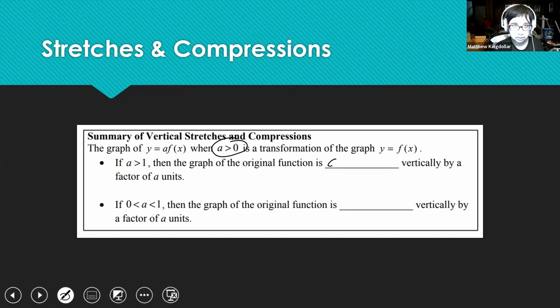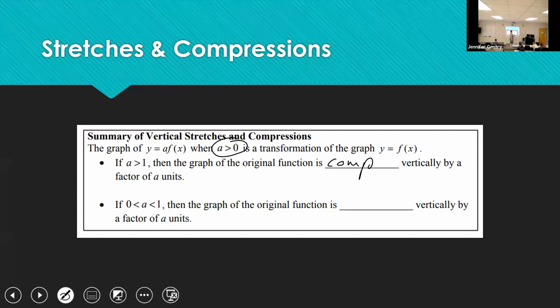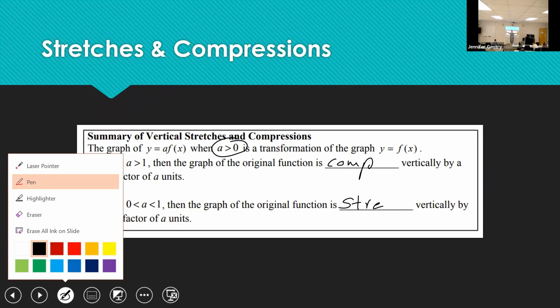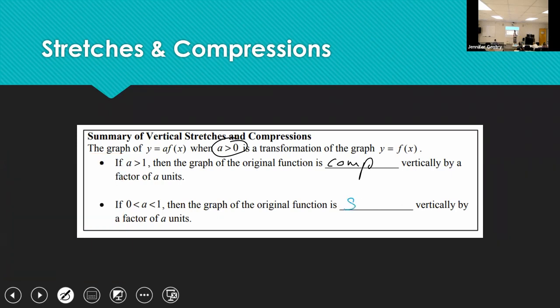You're good, Mary. You are wonderful, Mary. If we have it between 0 and 1, what does it do? It stretched it. We took the arms and just opened it up. That's all we did.